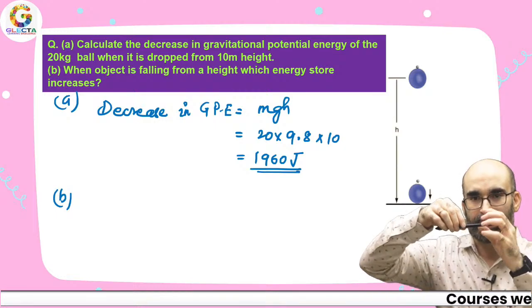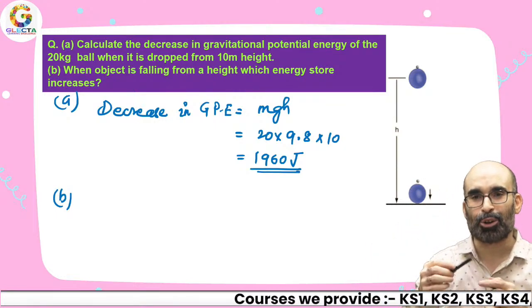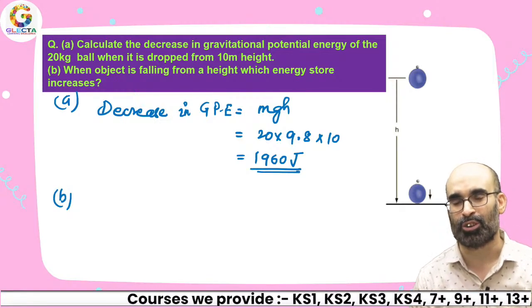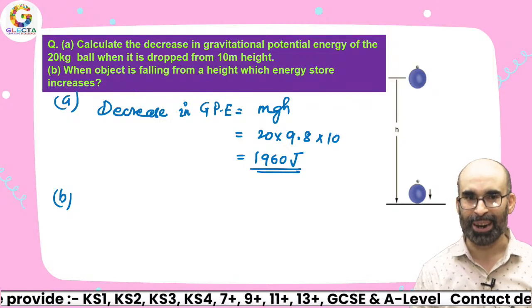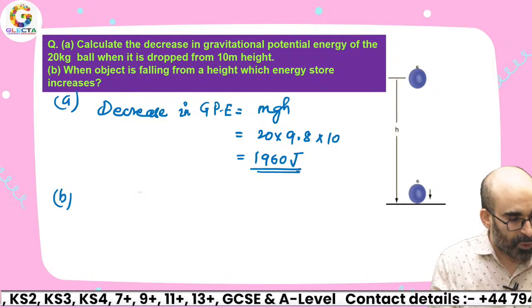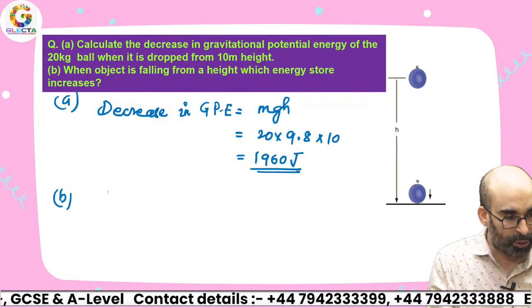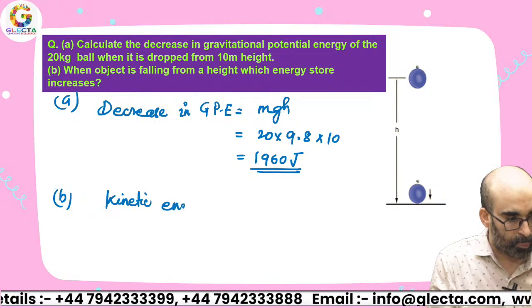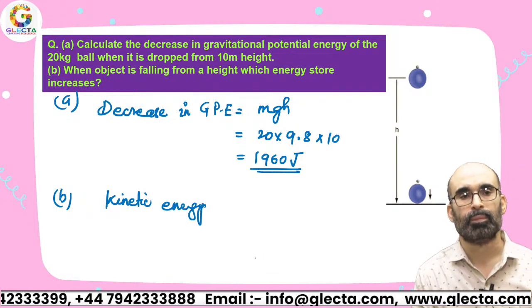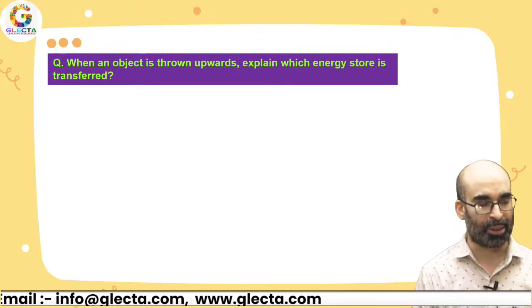When I am dropping it, it begins to move, and due to motion, you know which energy store increases. Kinetic energy increases, right? Is that clear? So when an object is falling from a height, kinetic energy increases.